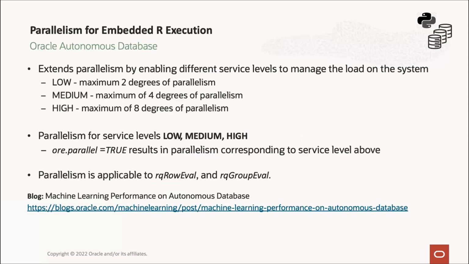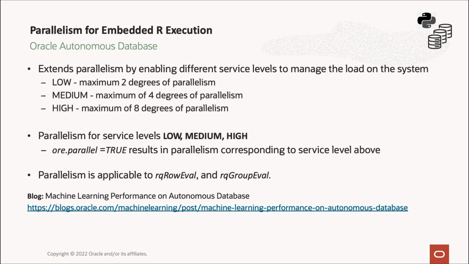So now that we've covered a quick representation of group apply, let's cover some of the parallelism and the options associated with that for embedded R execution. Parallelism with embedded R execution refers to the number of spawned R engines to manage the computational load associated with the groups of data that the UDFs are invoked on.